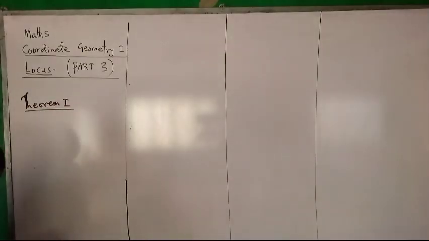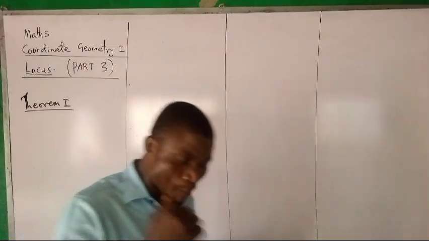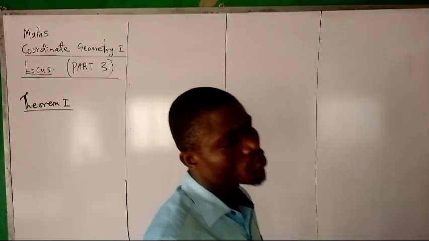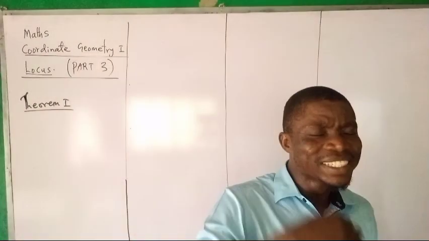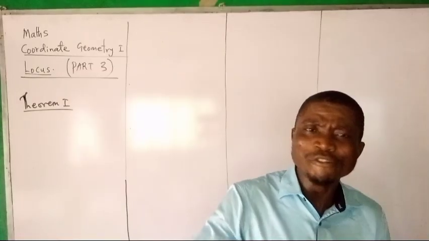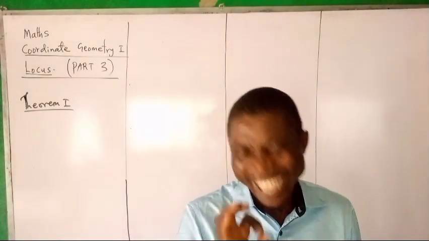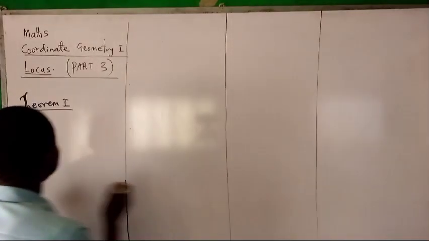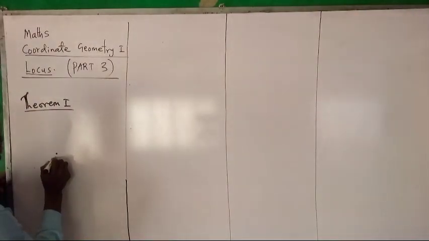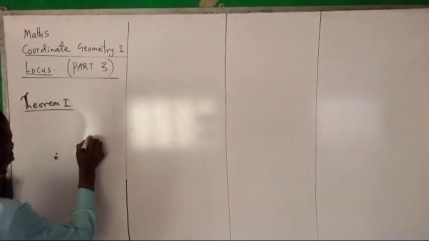Theorem 1 states that the locus of a point which moves such that its distance from a fixed point is constant must be a circle. Now, this is the fixed point. Call it O. This is the locus.